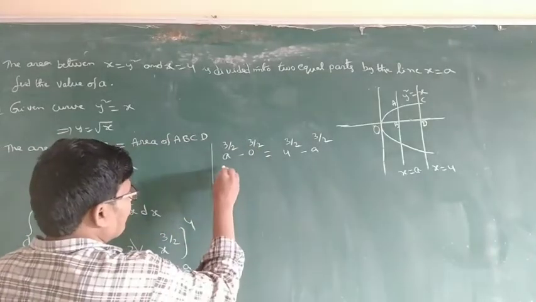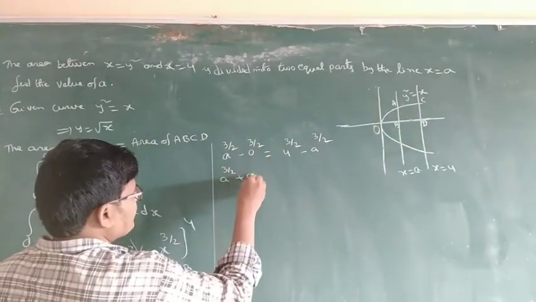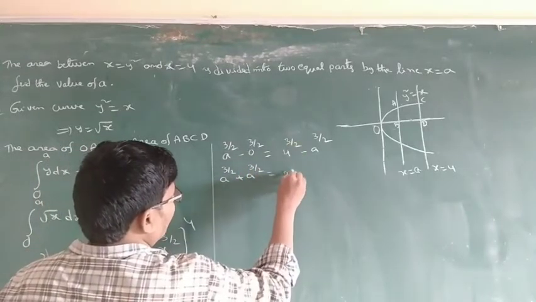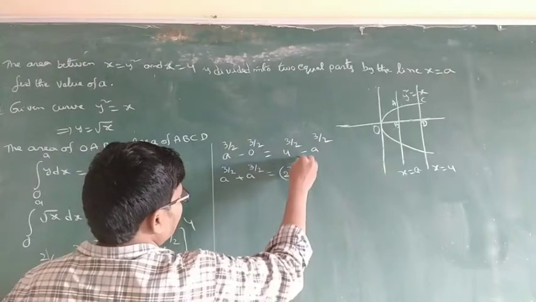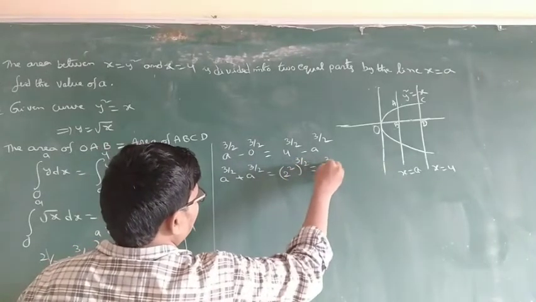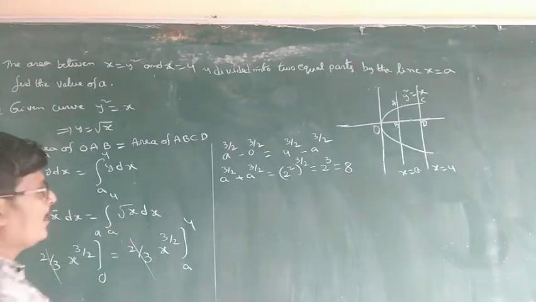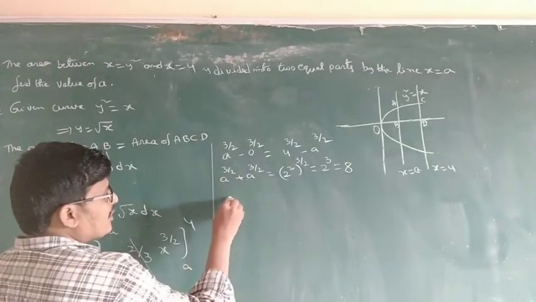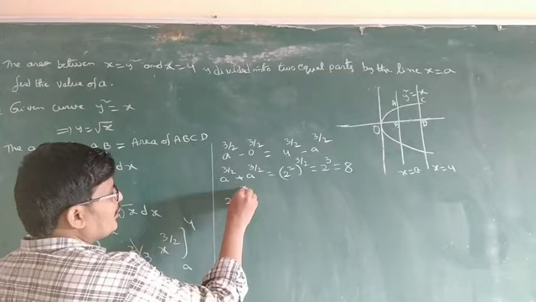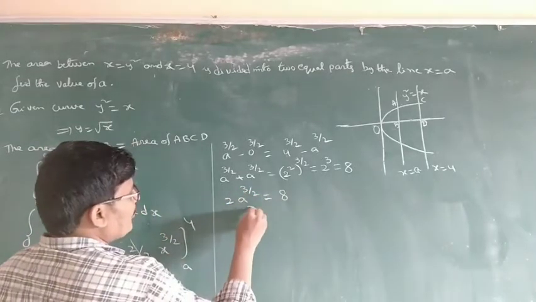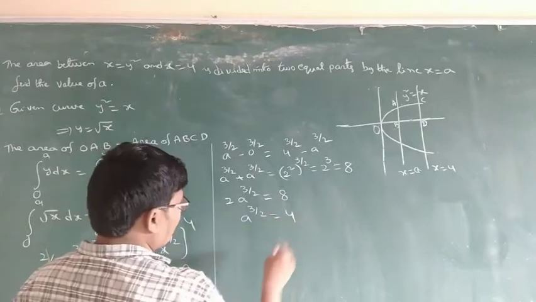So a power 3 by 2 plus a power 3 by 2 is equal to 4 power 3 by 2. 4 means 2 square, whole power 3 by 2, so that is 2 cube, equal to 8. So 2 into a power 3 by 2 is equal to 8, so a power 3 by 2 is equal to 4.